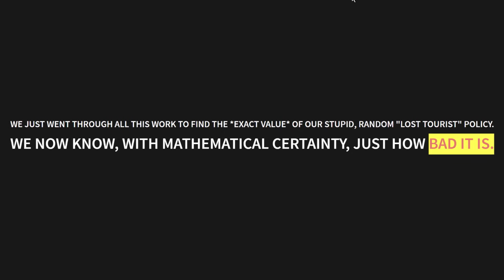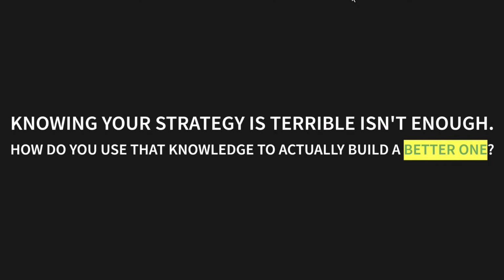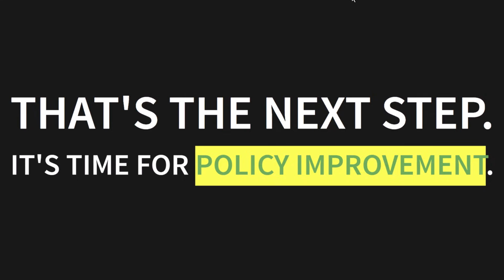We now know with mathematical certainty just how bad it is. Okay, great. Knowing your strategy is terrible isn't enough. How do you use that knowledge to actually build a better one? How do you go from knowing to doing? That's the next step. It's time for policy improvement.